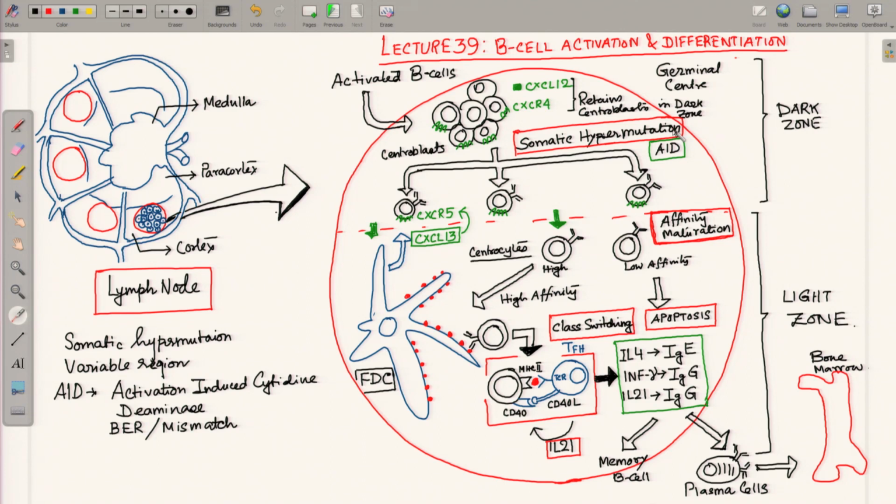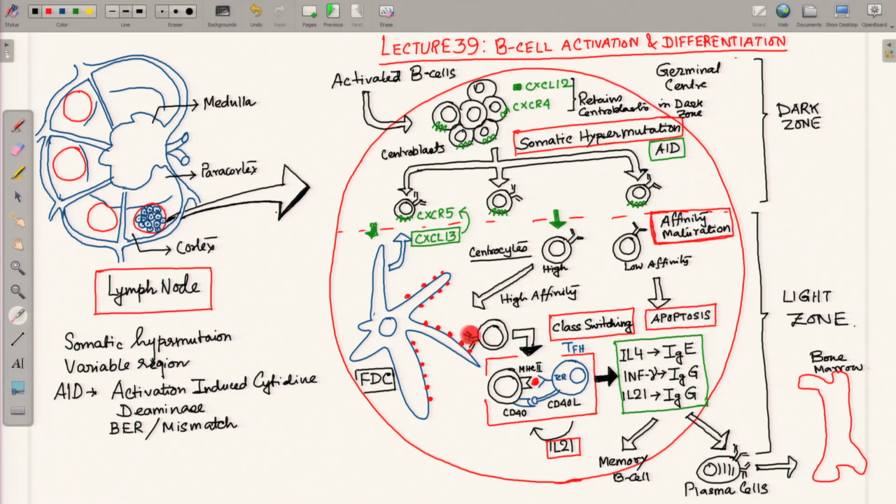Once they come to the light zone, these are the centrocytes. These centrocytes will start interacting with the antigens that are captured on the surface of the follicular dendritic cells. Follicular dendritic cells capture these antigens on the surface and present them to the centrocytes. The high affinity ones will interact with the B cell receptor, and the low affinity ones will be rejected and will undergo apoptosis.